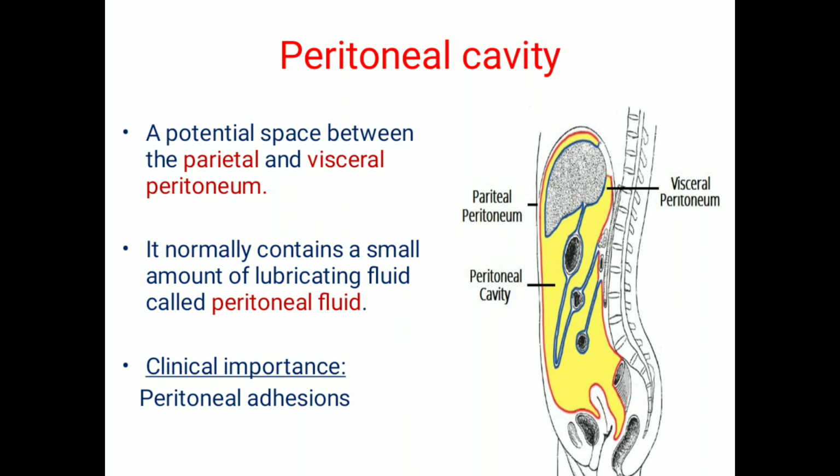So this can result in abnormal attachment between the visceral peritoneum of adjacent organs or between visceral and parietal peritoneum. Such adhesion can result in pain and complications such as volvulus, when the intestine becomes twisted around an adhesion, resulting in a bowel obstruction.